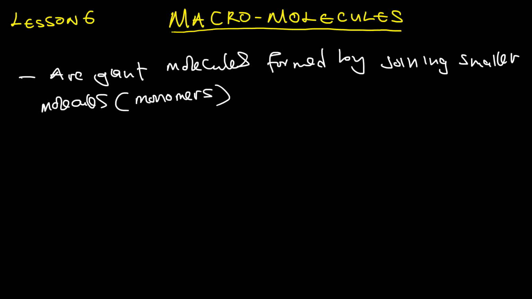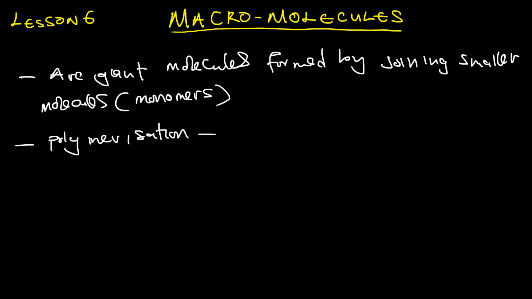Now, macromolecules are produced by the process called polymerization. And polymerization is simply the joining up of the smaller units called monomers to form large molecules called polymers.